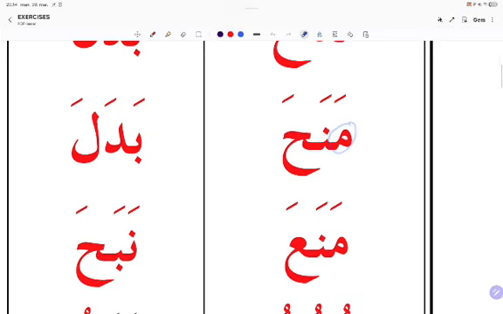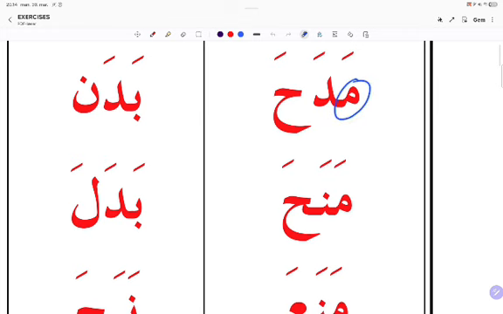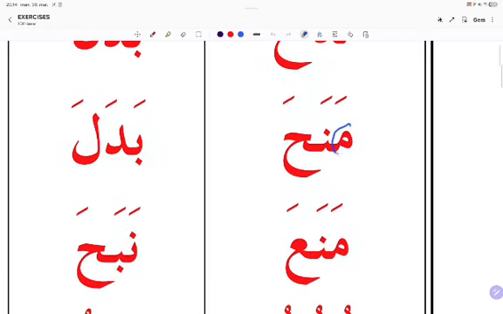This one we had earlier. This one is meem, fatha, ma. What letter is this? It only has one tooth and one dot above it. So you have to think about which letters have one dot above: fa, kha, ghain, noon.